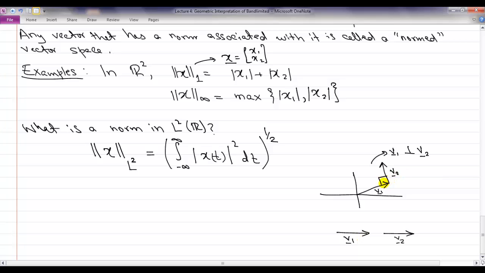On the other hand, if I have a vector which is like this, let's call this v3, now this vector is completely different from these other two. Why? Because the angle between them is almost 90 degrees. So in Euclidean space, we have a very good sense of how to measure angles. And in Euclidean space, we often do this in terms of the inner product.